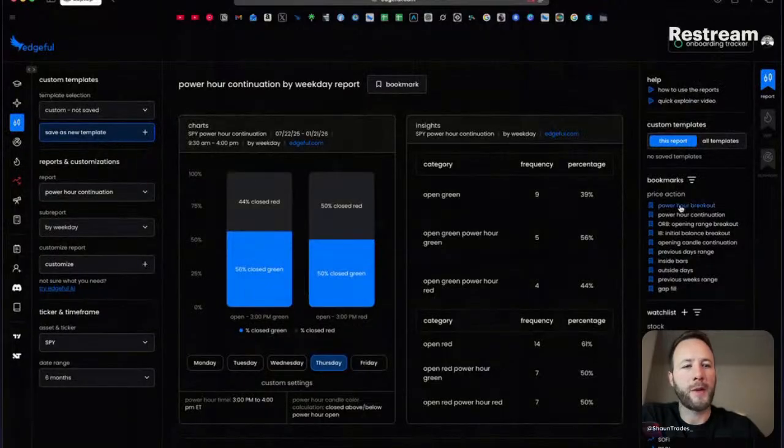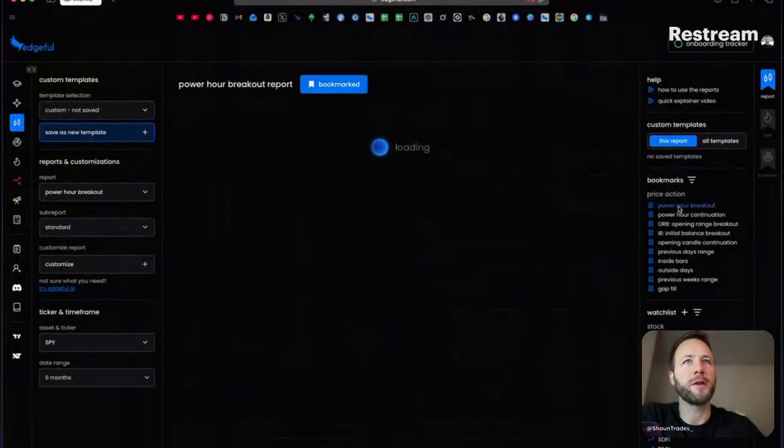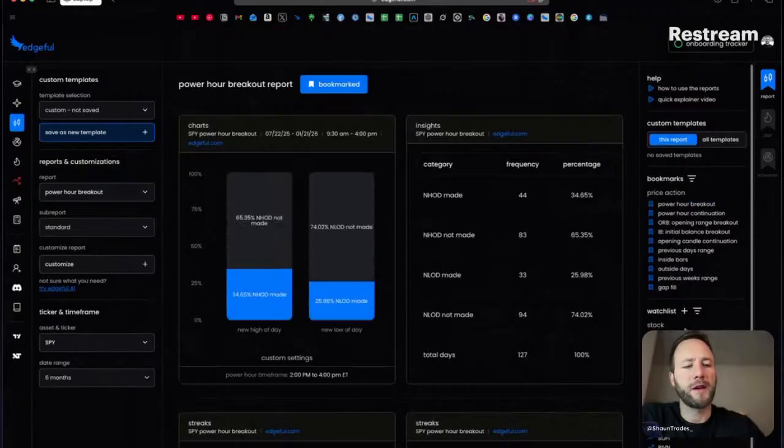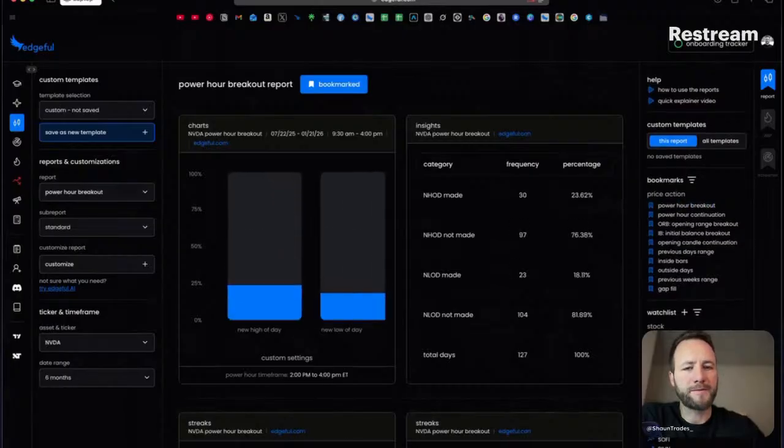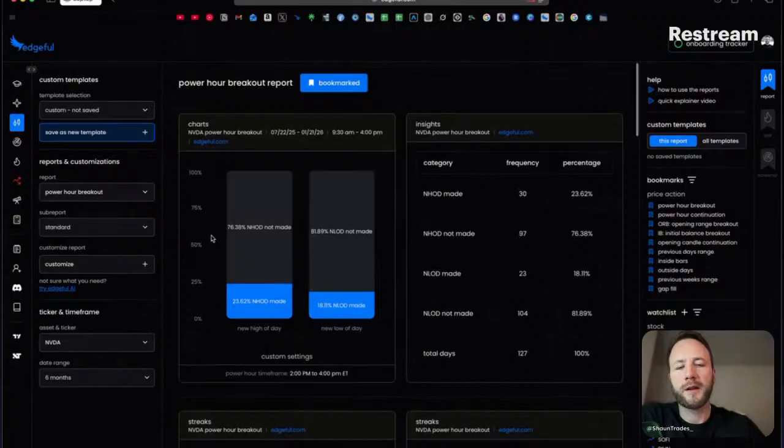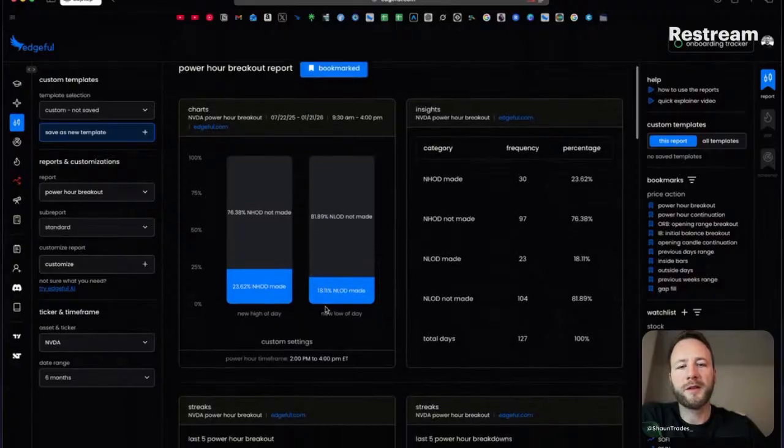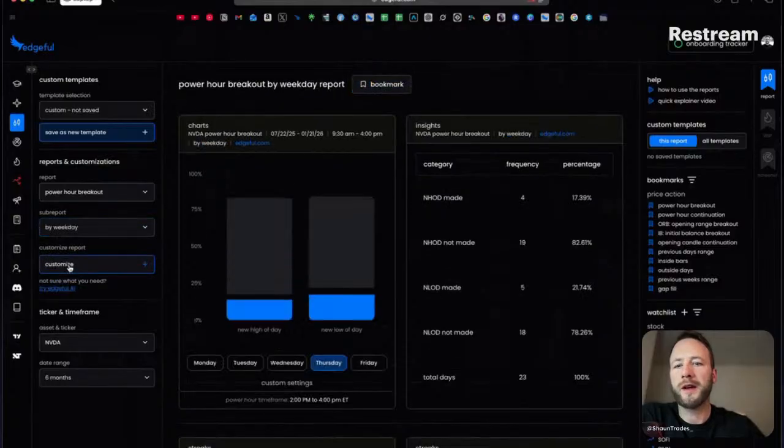What we're going to do is go to the power hour breakout report here on the right, just above my head, and then jump into Nvidia. You can see that there's an 18% chance that a new low of day is made, but let's make this a little more niche. On the left we've got sub report. We're going to go to standard down to weekday.